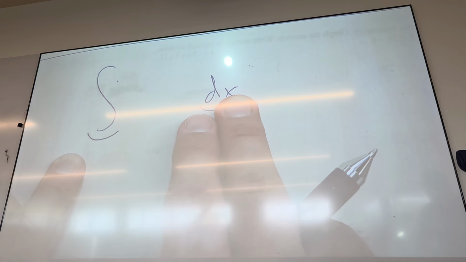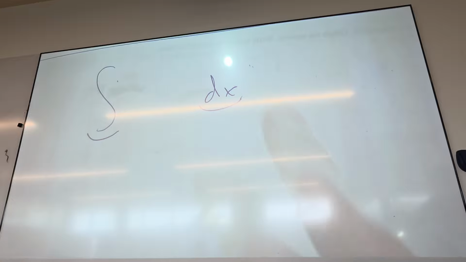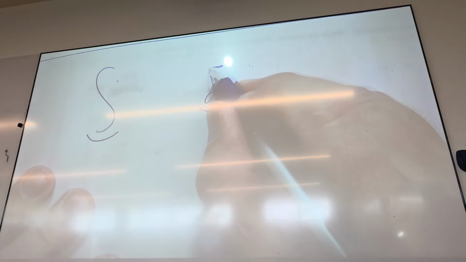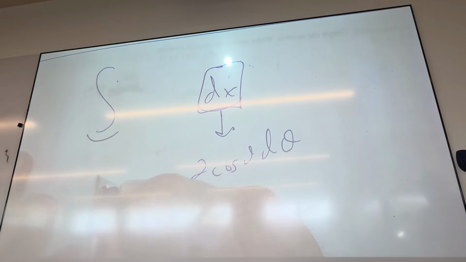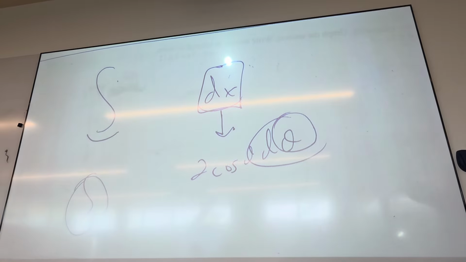I look at this as the first function we've ever seen that's like a bookend function. The integral symbol and the dx are bookends, and the function inside is what they're both attacking. Now when I substitute and change what this is, like if this became 2 cosine theta d theta, now the bookends are this and this.